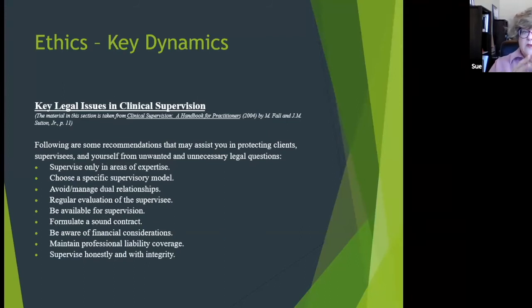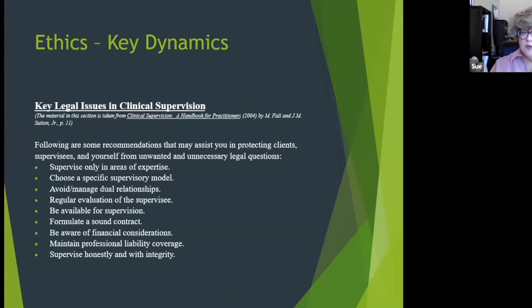be clear, and that's why having things like a contract at the very beginning can be so important, because it lays out those expectations for how often we meet, what model I'm using as a supervisor, what the financial considerations are if they're part of the picture, how you get a hold of me, and if you want to report me, having something written into that.